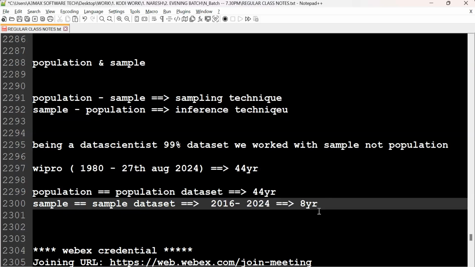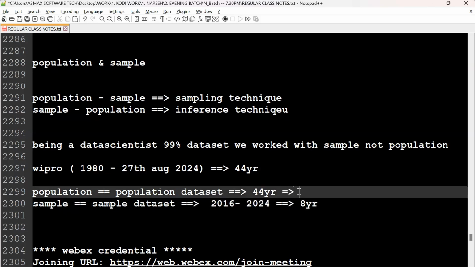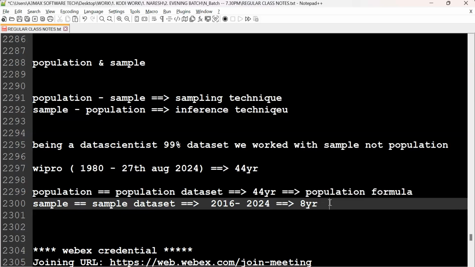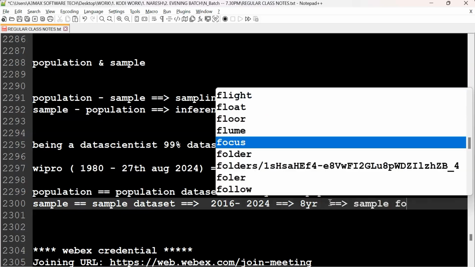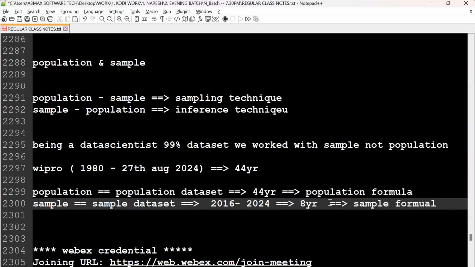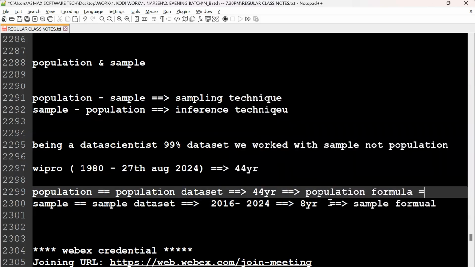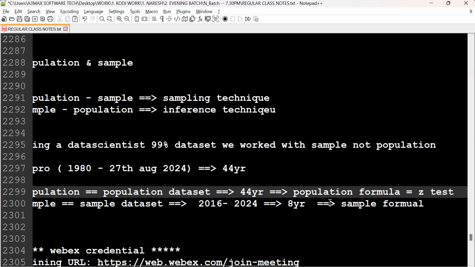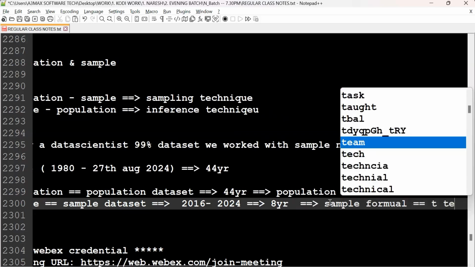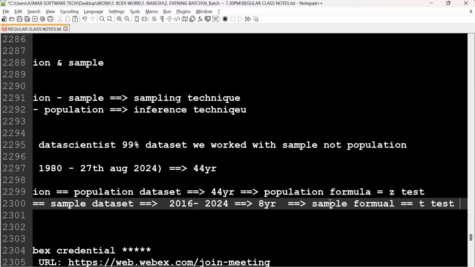Are you clear? So for population, we use population formulas. For population, what formula do we use, guys? Population formula. For sample, we use sample formulas. Understand? The population formula we call Z-test. The sample formula we call T-test.